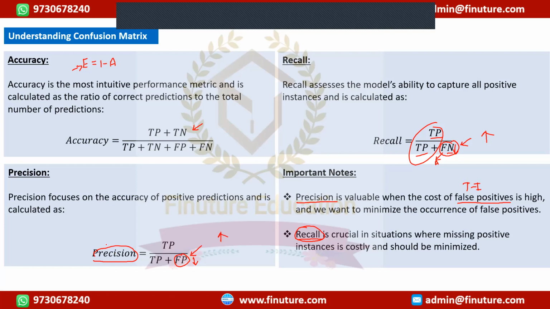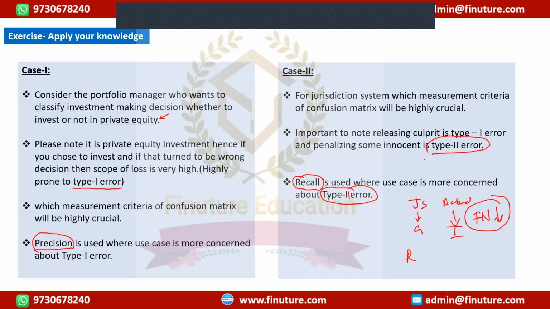Eventually we want to increase both precision and recall for the overall model to be accurate. But if we want to mainly focus on certain things, like we saw over here, false negative, we will be focusing on increasing the recall metric of the confusion matrix.